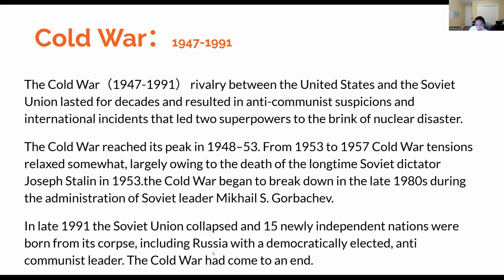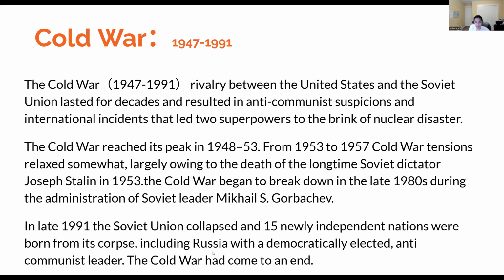From 1953 to 1957, the Cold War tensions were relaxed somewhat, mostly because Joseph Stalin died in 1953, but the standoff still remained, right? They were still against each other. In 1962, it was the Cuban Missile Crisis, which we just talked about, where they almost fought, right? It almost became heated.